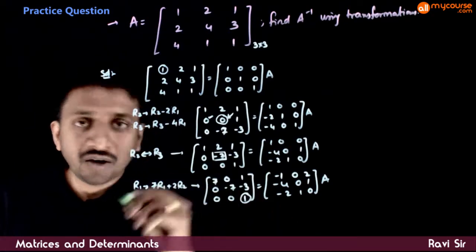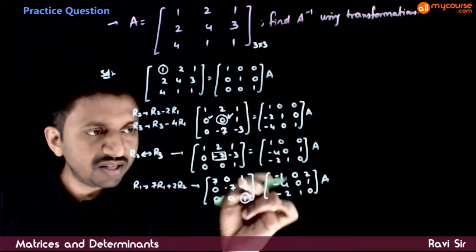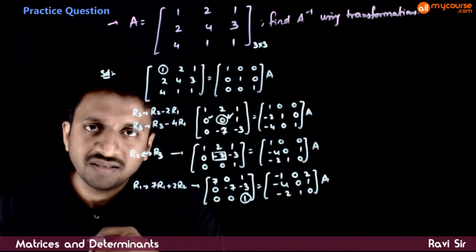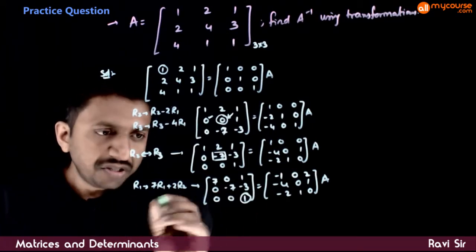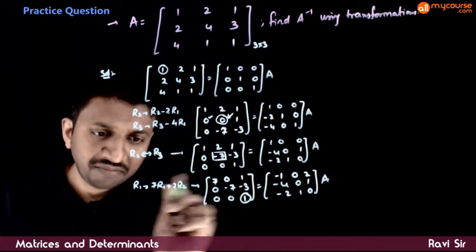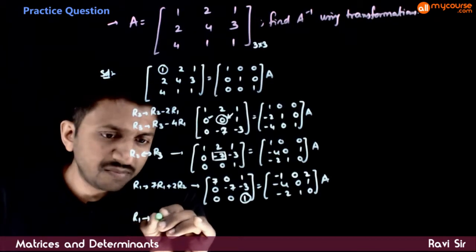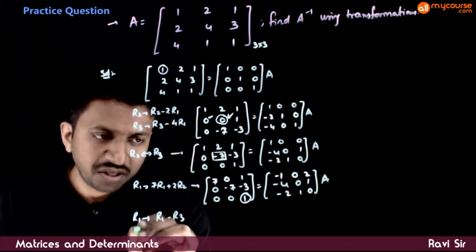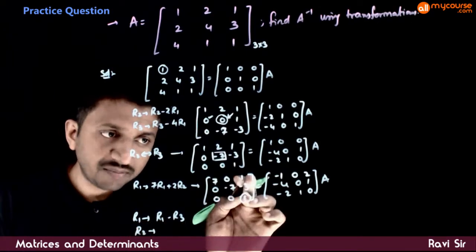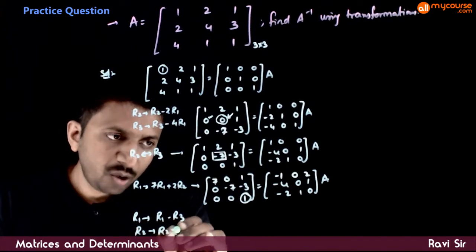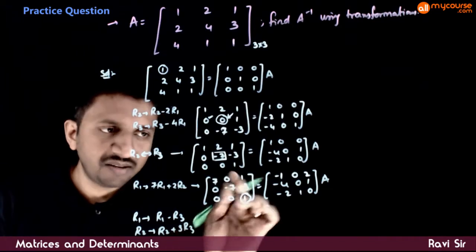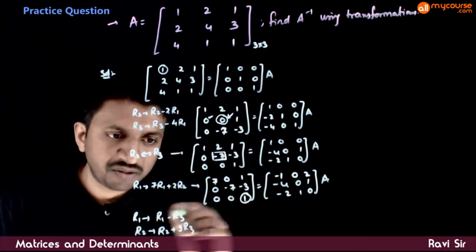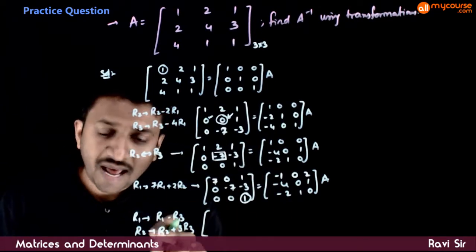Again, now you have a non-zero pivot position. So using this, you can make the remaining two elements as zeros. So what is the transformation? Using R3, R1 becomes R1 minus R3, so R1 minus R3 becomes 0. And R2 becomes R2 plus 3R3, so minus 3 plus 3 will become 0.